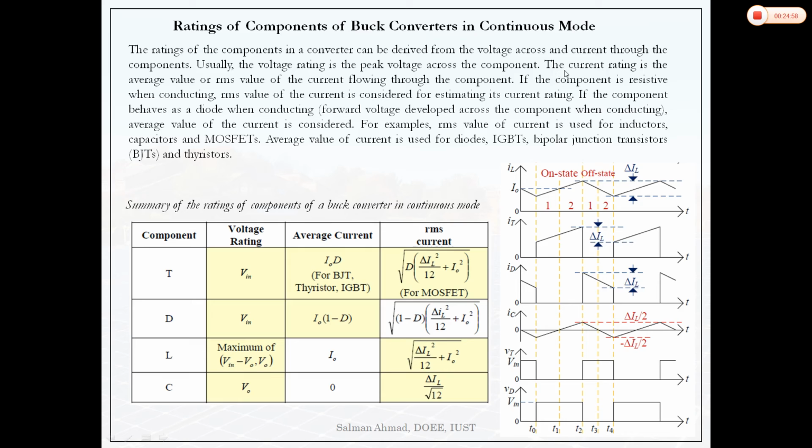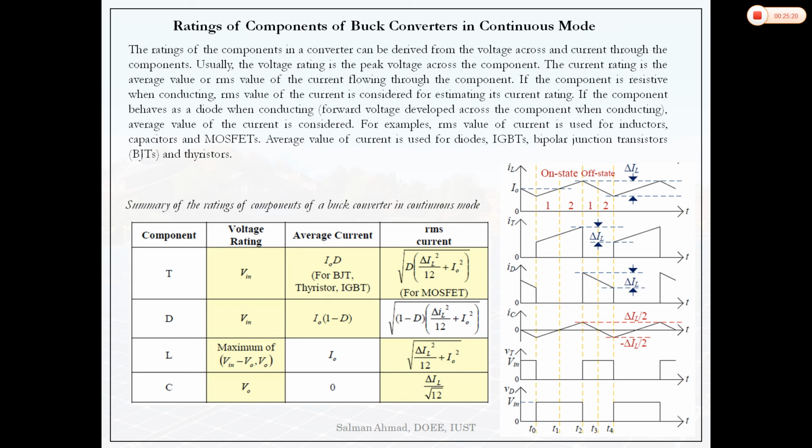The current rating is the average value or RMS value, depending on which type of component we are selecting. If the component is resistive when conducting, the RMS value of the current is considered for estimating its current rating, like for the inductor, for the capacitor, and for the MOSFET.